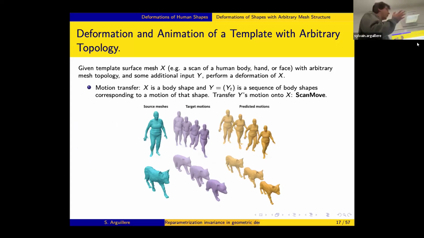It can be a scan or it can be anything. Then you have some target motion from some other scans, maybe some other identity, some other person that undergoes motion. So you have a sequence of scans or meshes, and you want to transfer this motion onto the original mesh.